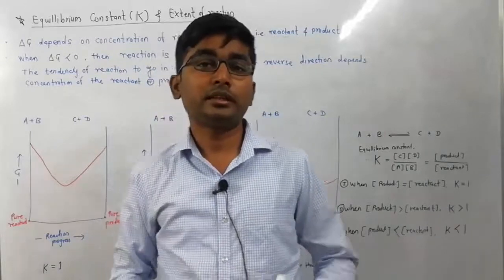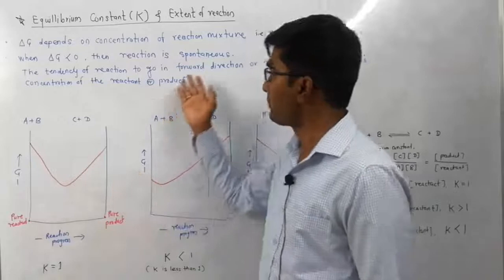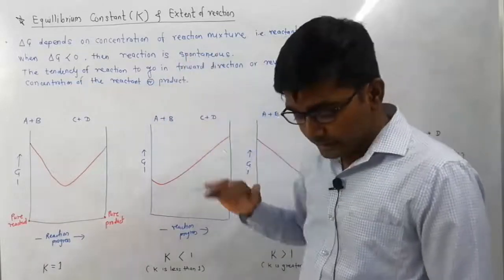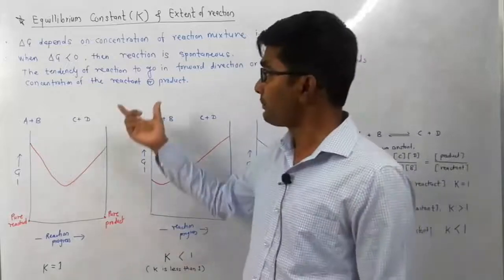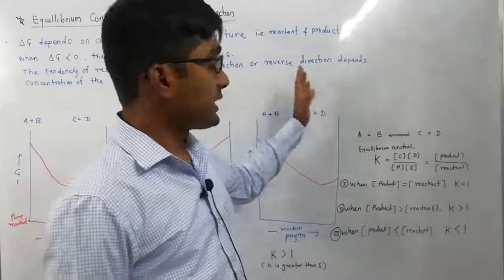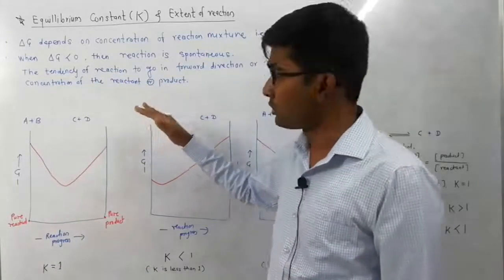Spontaneous means it will happen automatically, on its own accord. Now, the tendency of any reaction to go in the forward direction or reverse direction depends upon the concentration of reactants and the products.